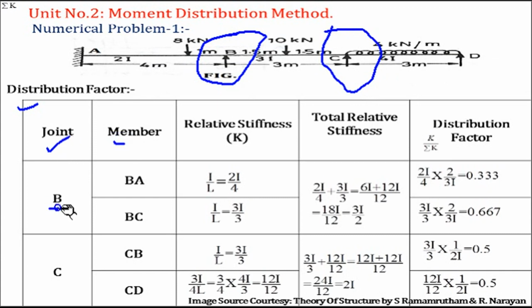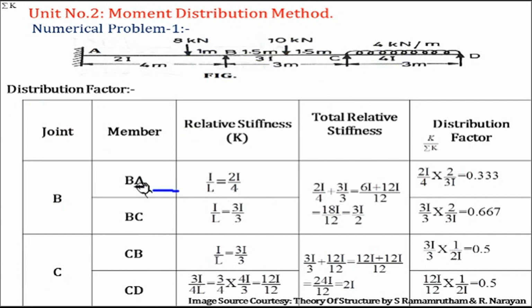In first column, first internal joint is B. Members connecting to B are BA and BC. Next internal joint is C, and members connecting to C are CB and CD. Now find out relative stiffness for each member.